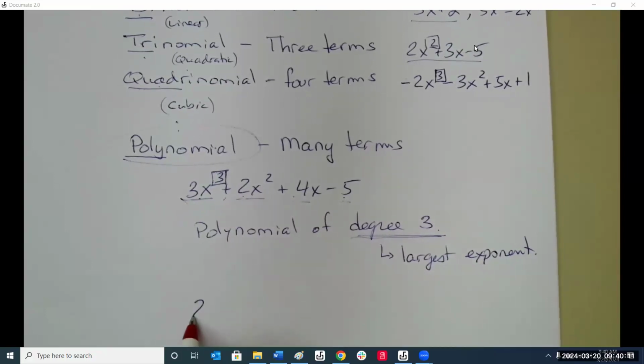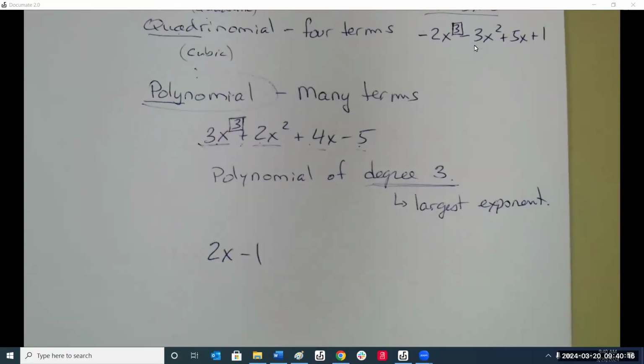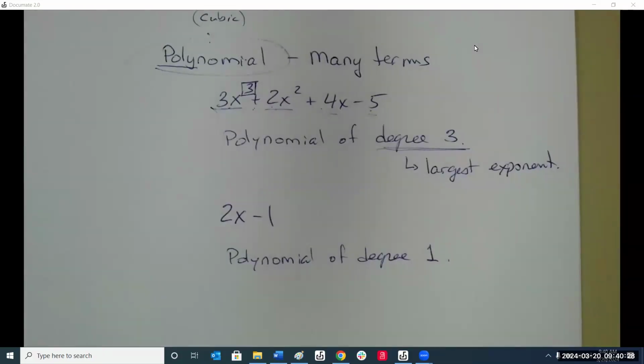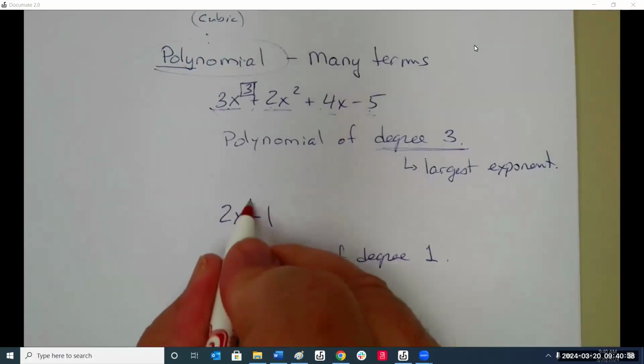And this one, we could define this one as a polynomial of degree 1, because the largest exponent is 1.